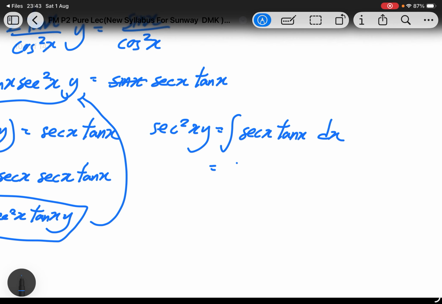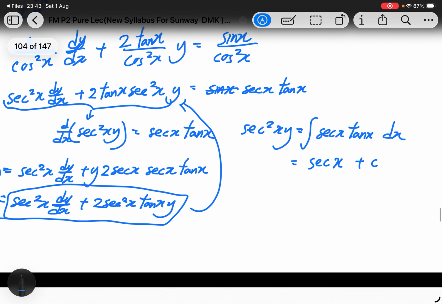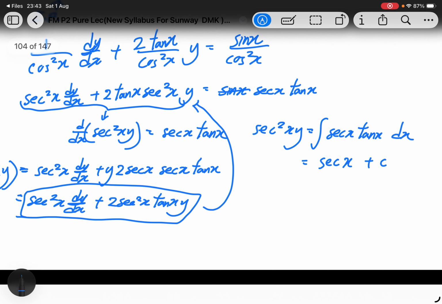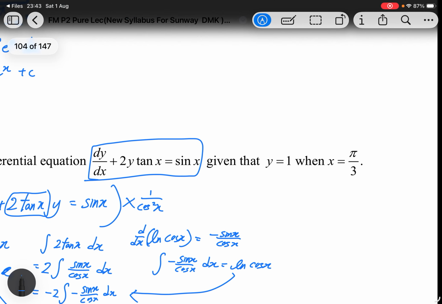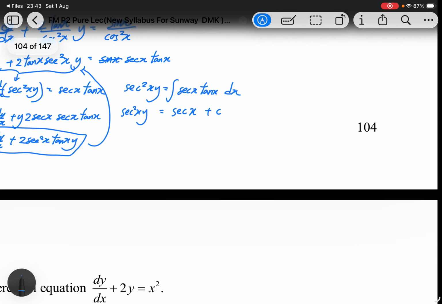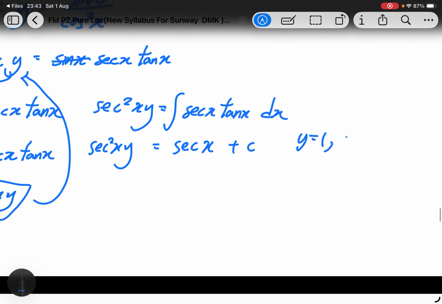We get sec x plus c. So sec squared x times y equals sec x plus c. Now they gave us some conditions: y equals 1, x equals pi over 3. So you substitute your values in, and then you get your c, and then you have your final answer.